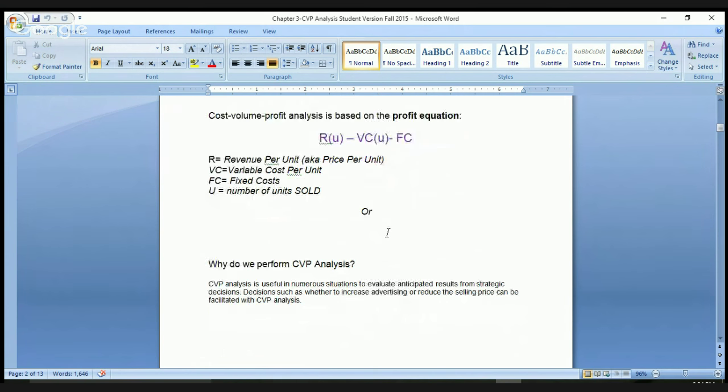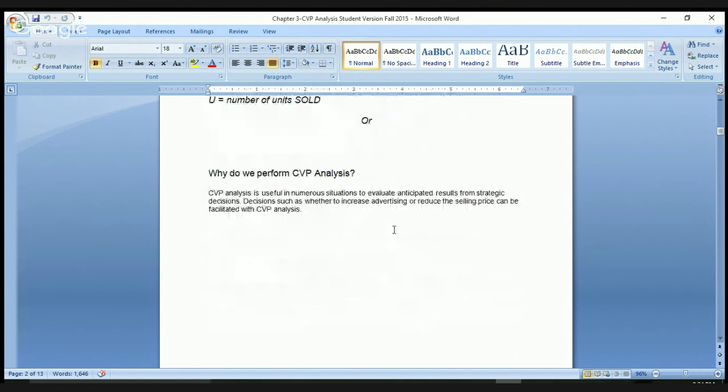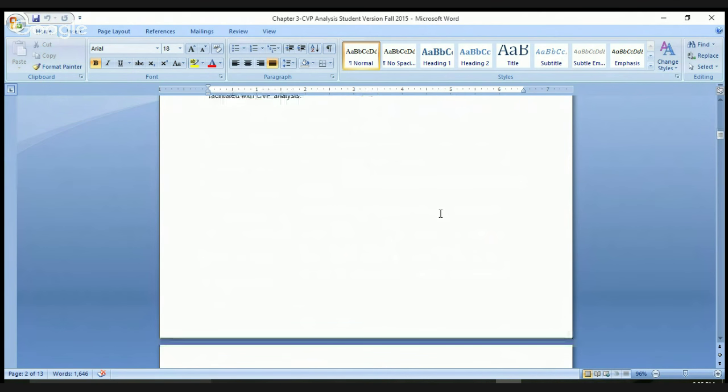So, why do we perform the cost volume profit analysis? It is very useful for numerous situations to evaluate anticipated results from strategic decisions. Decisions such as whether to increase advertising or reduce the selling price can be facilitated with a CVP analysis.